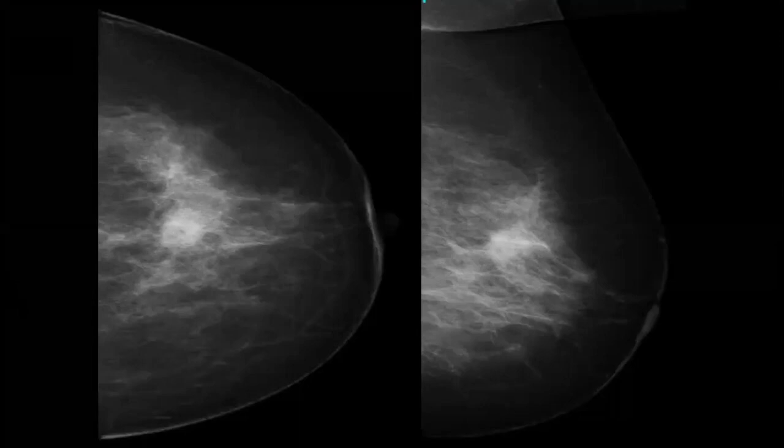So it differs from here and there, but still it has a shape, rectangular here or oval or whatever, but the maximum density is at the periphery rather than at the center of the lesion. See? So we'll go for focal asymmetry rather than a mass.